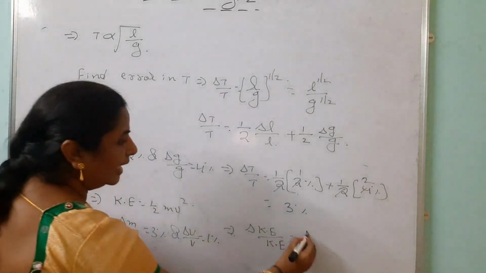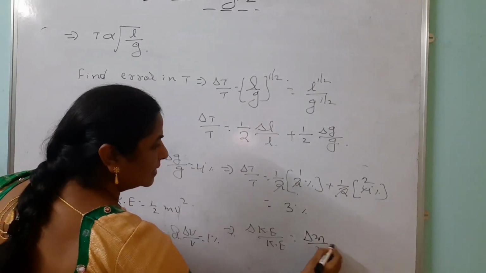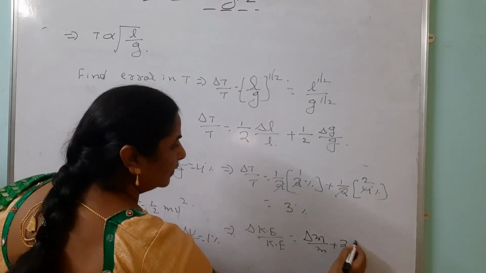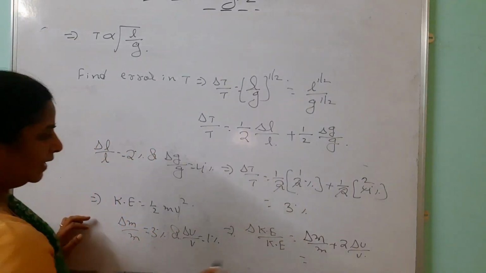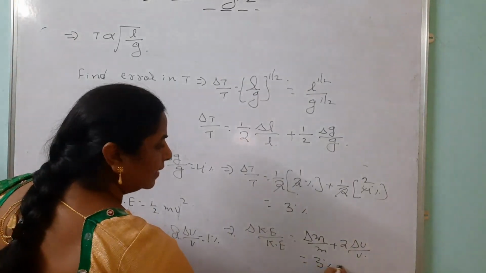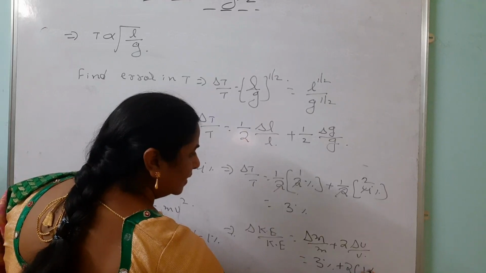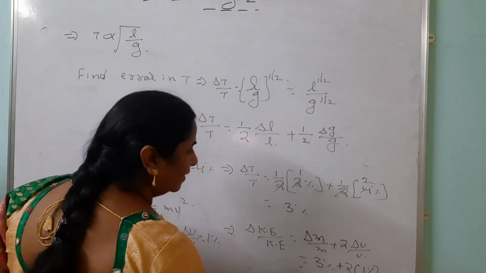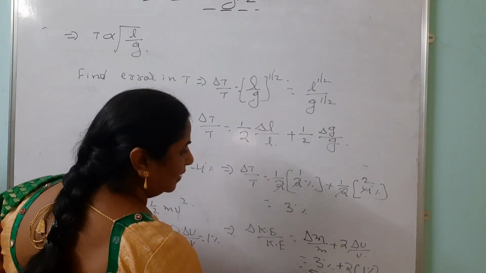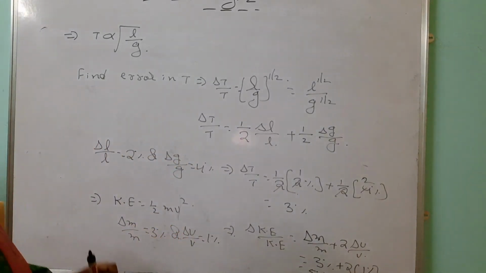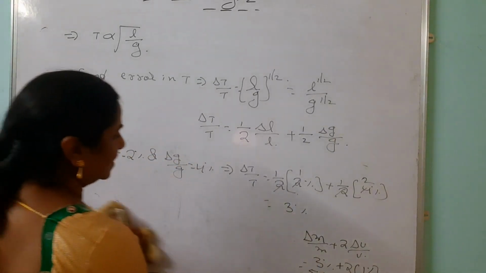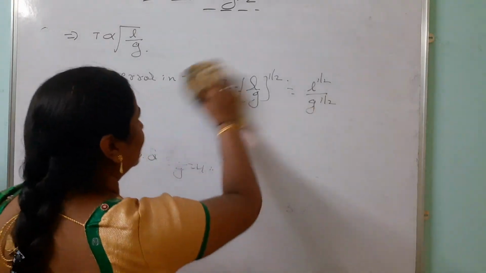So delta m by m plus 2 into delta v by v. You know that instead of delta m what we are taking? 3% plus 2 into 1%. After simplification our answer is how much? 5%. So like that we can calculate the error in multiplication, addition, subtraction, division, and powers also.